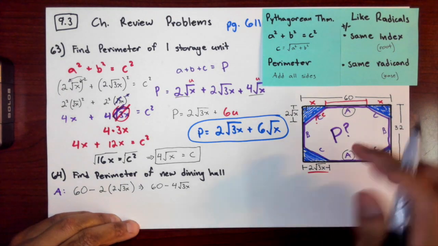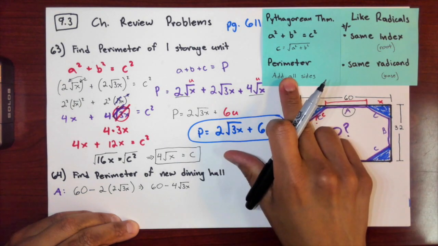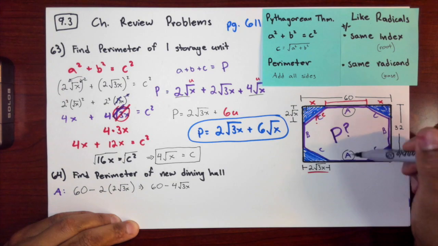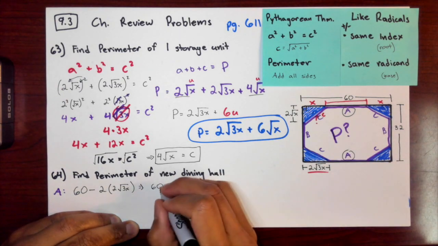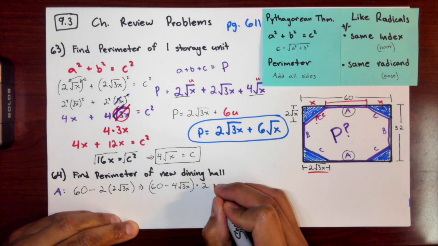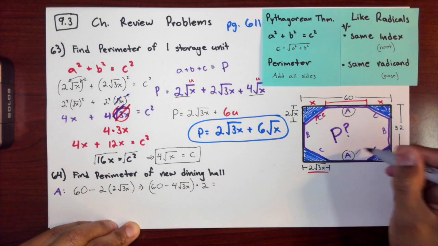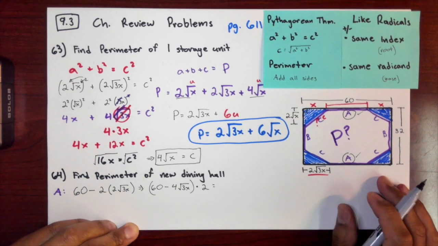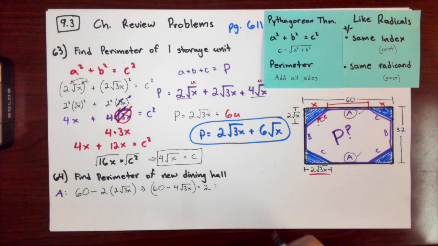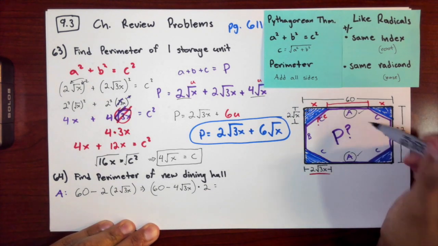So if we're going to add all of the sides to find the perimeter, we're going to need 2 A's. So this whole thing right here is going to be multiplied by 2, and that way we can knock all of the A's out right away, okay? If you label the sides whenever you're doing perimeter problems, it'll work a lot better. So go ahead and do that every single time, okay?